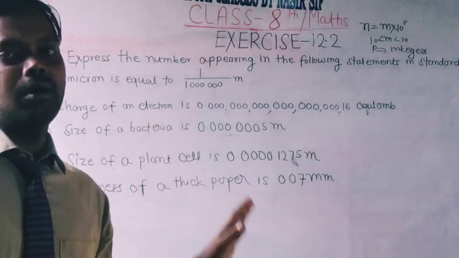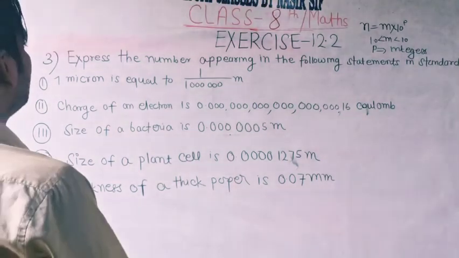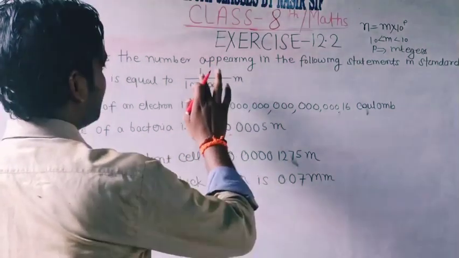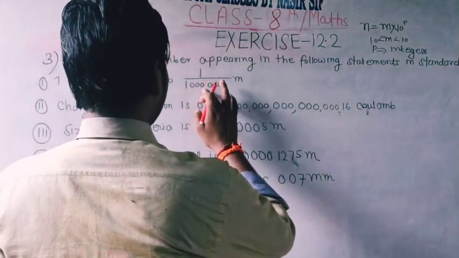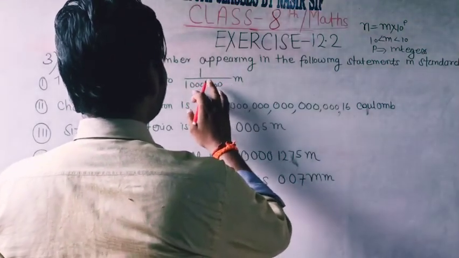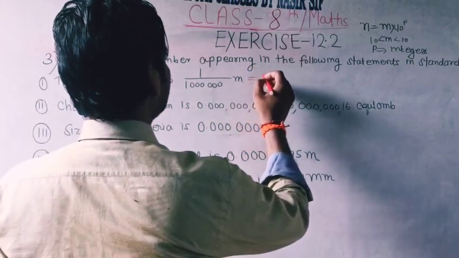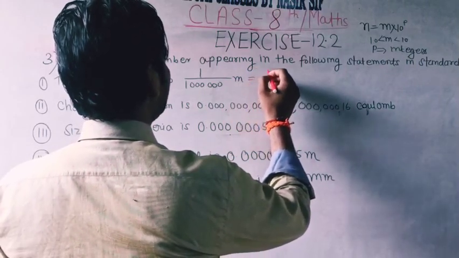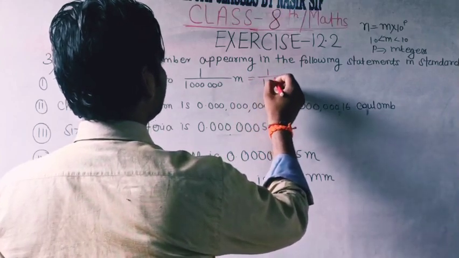In standard form, 1 upon 1,000,000 meter is written as 1 upon 10 to the power 6.